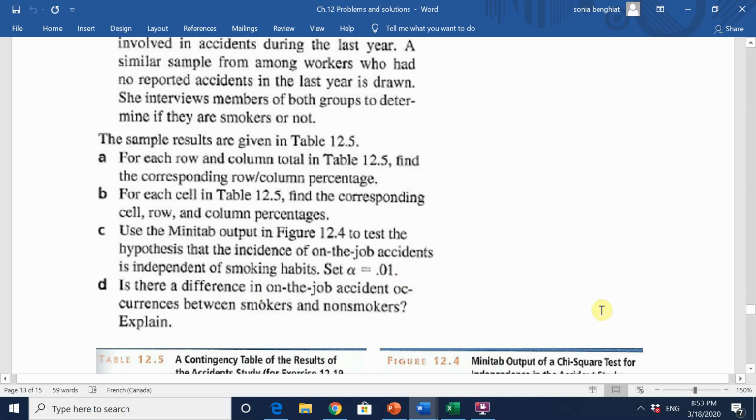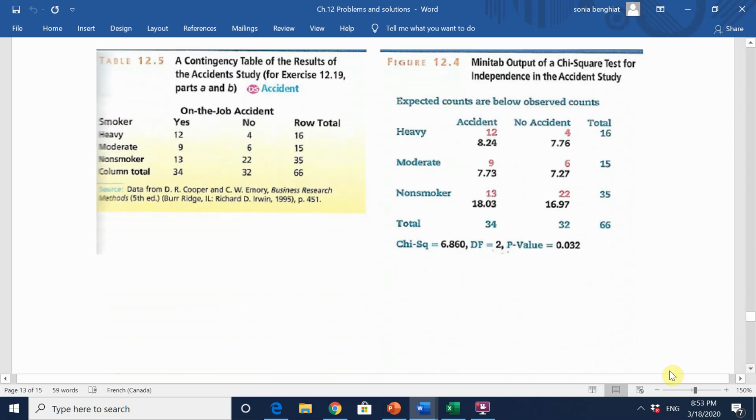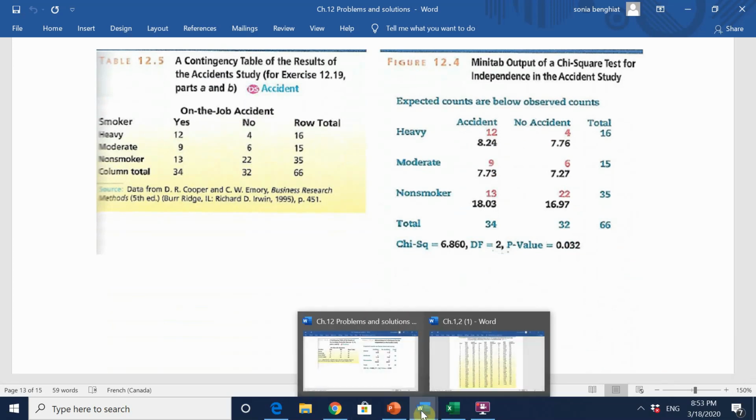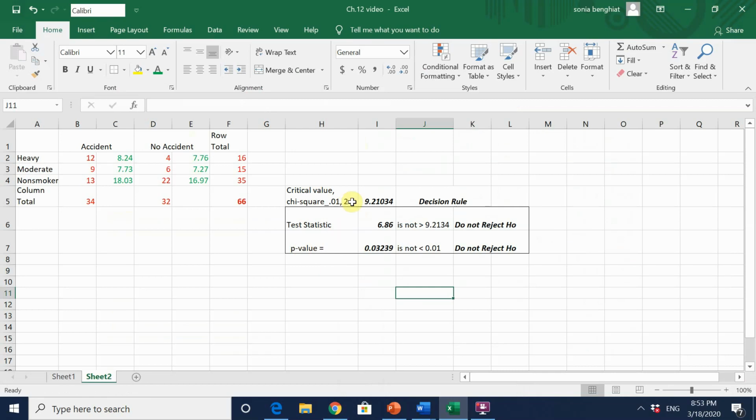So at 0.01, my chi-square value is in fact over here equal to 9.21034. This is for 2 degrees of freedom.